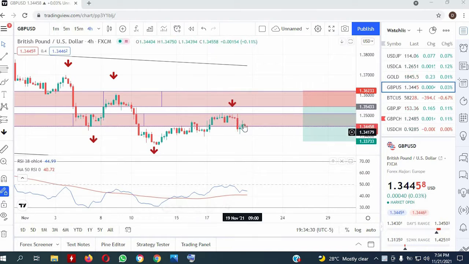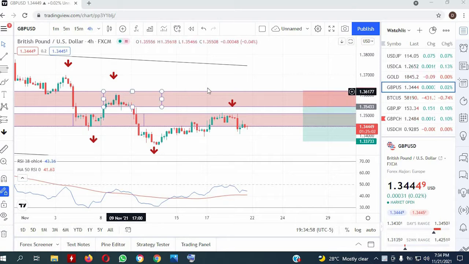However, if it breaks through this lower high right here, if it breaks through this higher low right here, it will come back to this higher low for a retest.